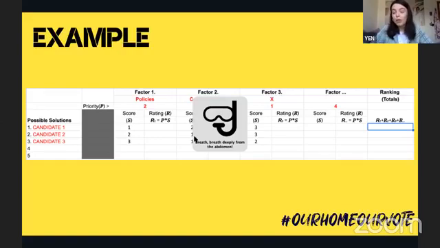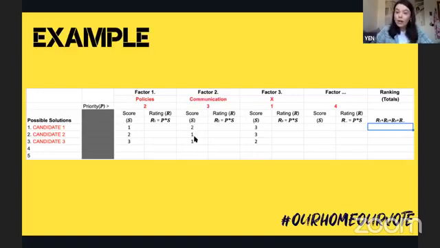So for example, we identified attendance at local council meetings, or we identified your work experience beforehand as 2 factors that were really, really important to us. So what we're going to do is look at all the different candidates that are currently running, and we are going to score them based on how good they are at that factor. And again, just remember the number 1 is the best, number 3 is the worst.